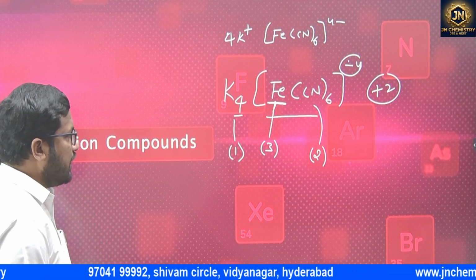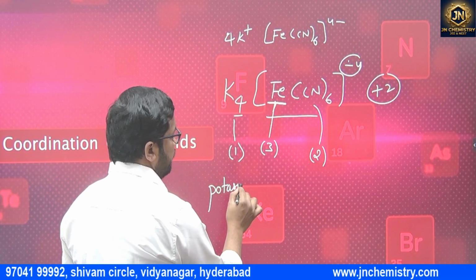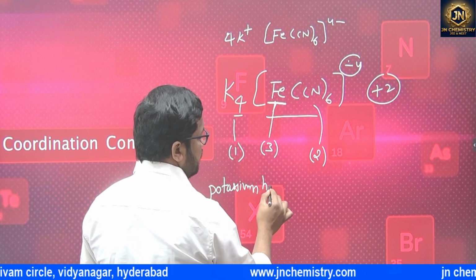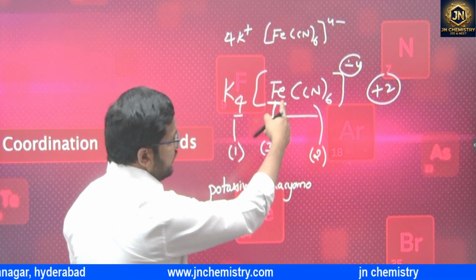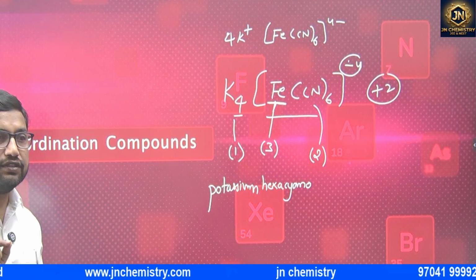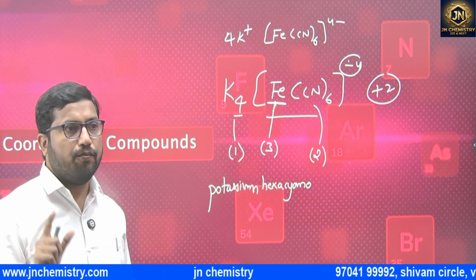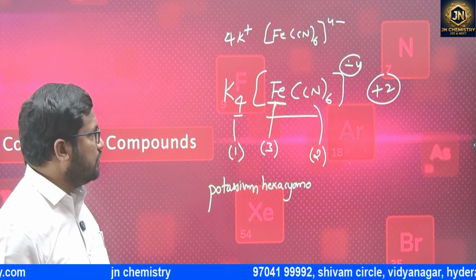So we write first potassium, then the 6 ligands as hexacyano. Cyanide we call cyano. Negative ligands always end with O: fluoro, chloro, bromo, cyano, like hexacyano.